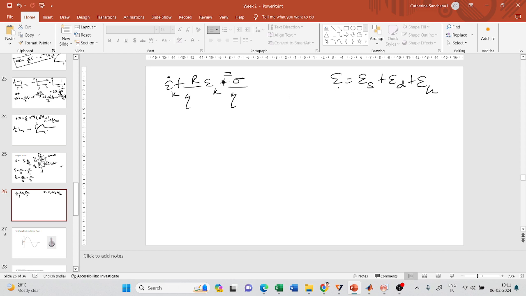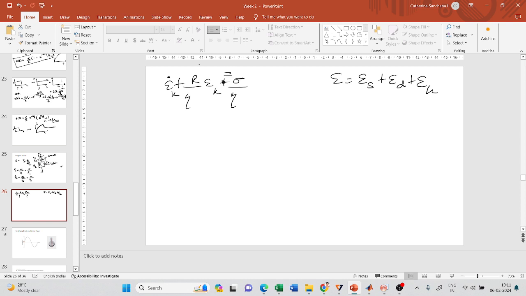Just like we did for the Maxwell model, epsilon dot is equal to epsilon S dot plus epsilon D dot, I cannot do this for epsilon K dot, because if I take this epsilon K dot, I will take everything to the right hand side, and then again I will be having an epsilon K term. Only if there is no epsilon K term here, I can simply take these terms to the right hand side and add them. But here, I have an epsilon K term. So how will I solve for this equation? How will I get the constitutive equation here?